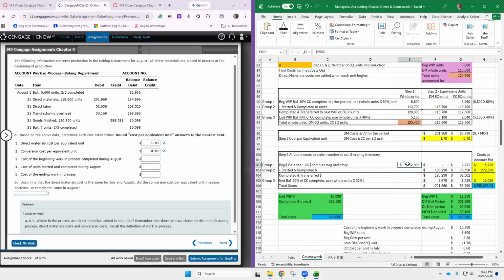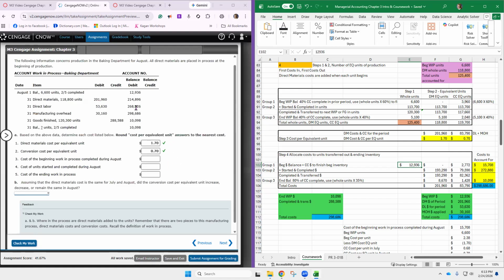All right, I'm going to start with the beginning balance, 12,936. Now, we're going to add an amount to this balance. If this is the month of August, this balance was the ending balance of July. The ending balance of July becomes the August beginning balance.